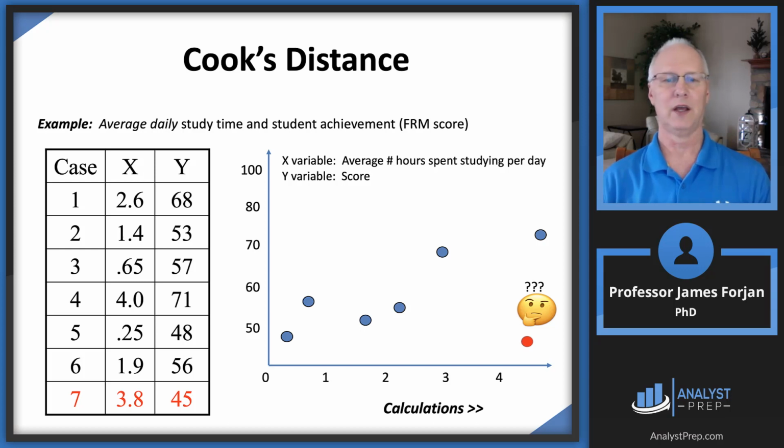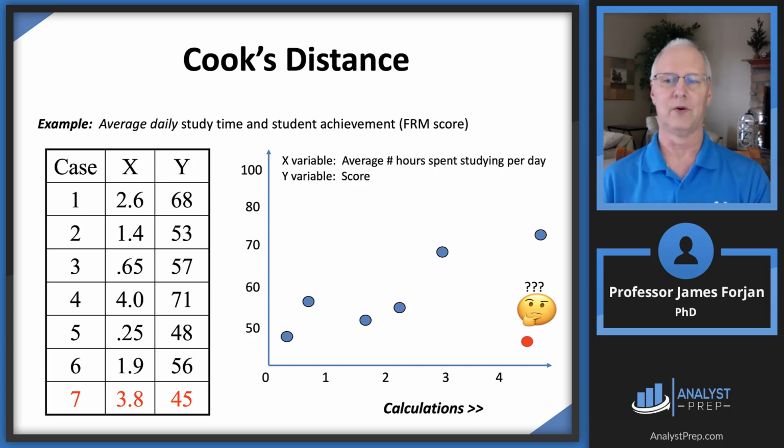And here's an example. There's some X and Y's. I think this is study time and output on maybe an FRM mock exam. So we've got 6 people, and what did they do? They study a couple of hours and they get this test and test results. But look down at the bottom. This poor person studies way more than anyone else does, and he or she gets the worst grade out there, right?